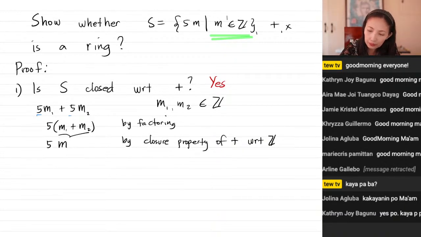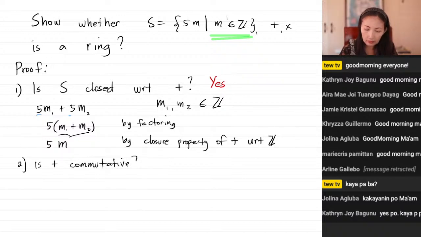Number 2. Is addition commutative? Here we have to show that if 5m1 and 5m2 are members of the set, 5m1 plus 5m2 is equal to 5m2 plus 5m1.